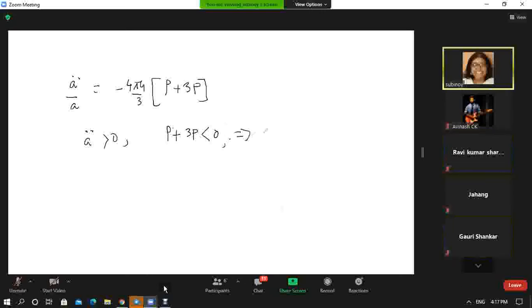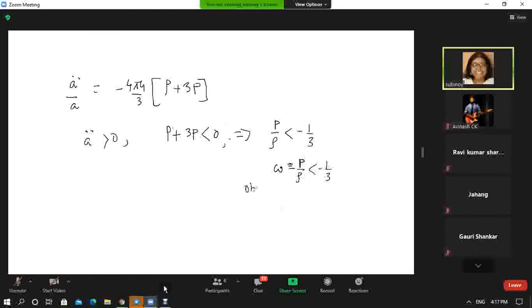Which means p by rho is less than minus 1/3. You remember last time we defined w, which is the ratio. p by rho is actually less than minus 1/3.